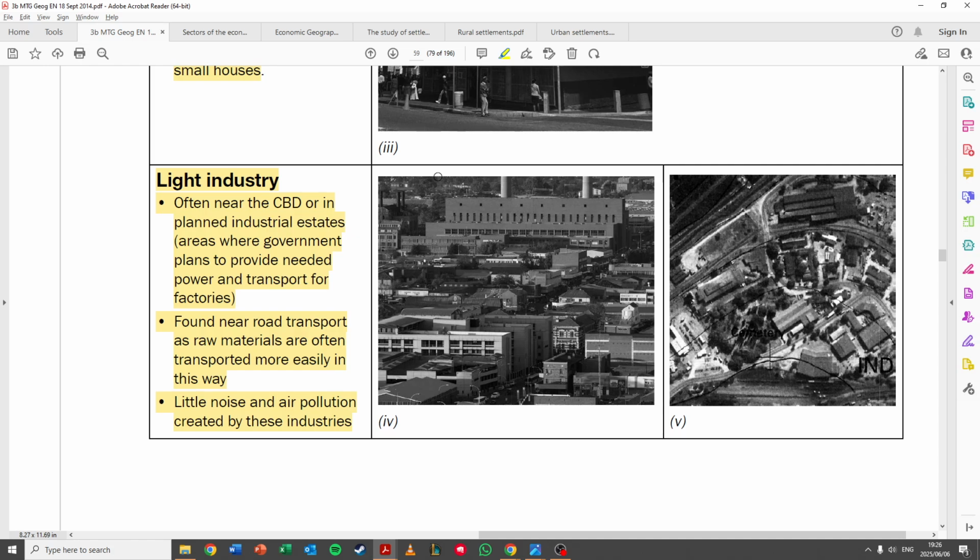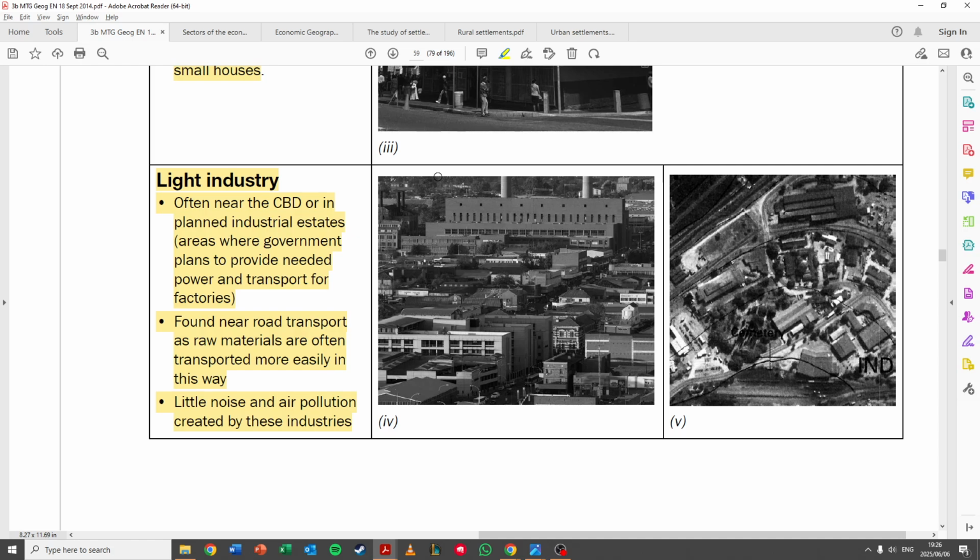Okay, then we have our light industry. This is often located near the CBD or in planned industrial estates. It is found near road transport, as raw materials are often transported more easily in this way, and little noise and air pollution is created by these industries. Remember the difference between light and heavy industries: they both produce stuff, but the type of things they produce is very different.